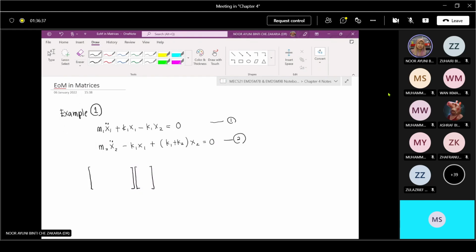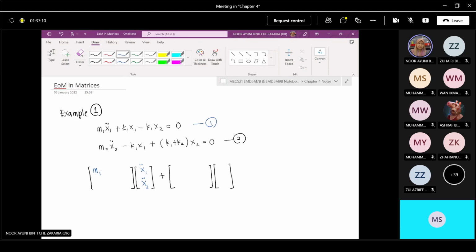The first equation. Let's start with the first equation. Put in blue. M1 with X1. And then you don't have X2 in that particular equation.